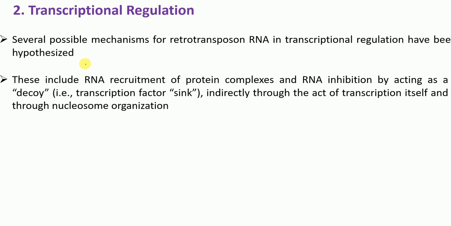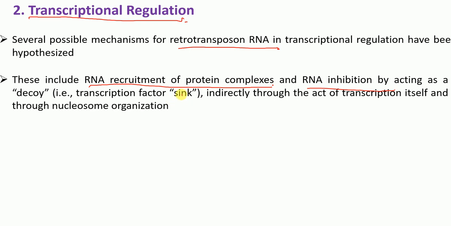So now the next way these transposable elements function is by transcriptional regulation. Several possible mechanisms for retrotransposon RNA in transcriptional regulation have been hypothesized. These include RNA recruitment of protein complexes and RNA inhibition by acting as a decoy or transcription factor sink.